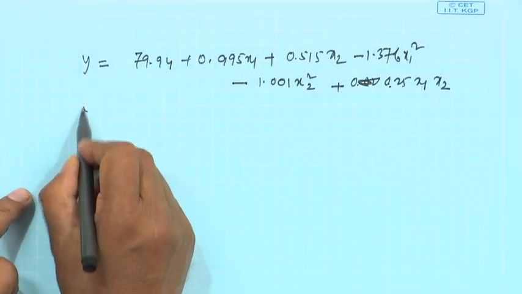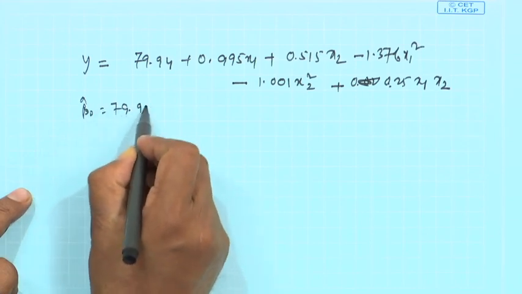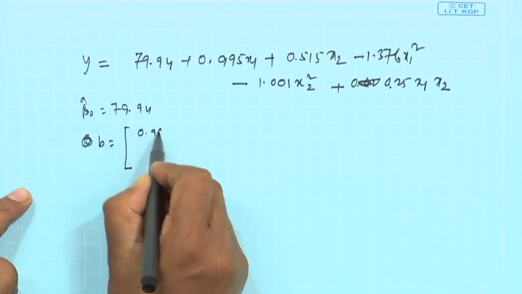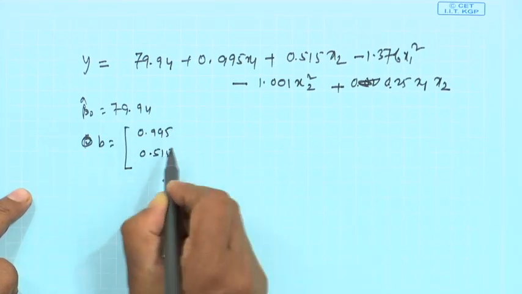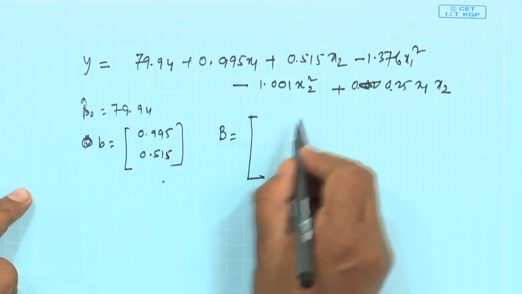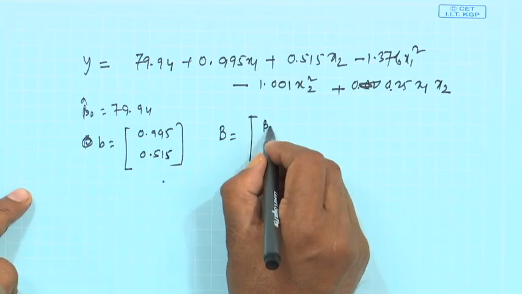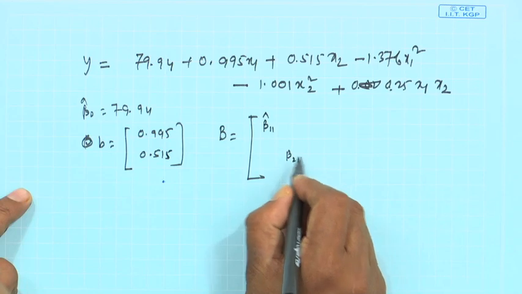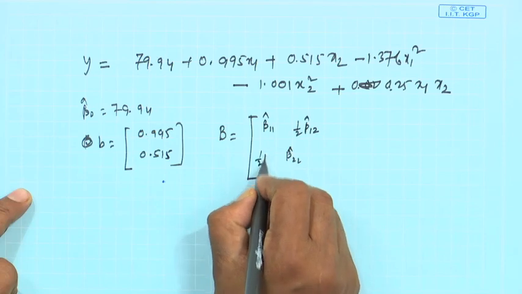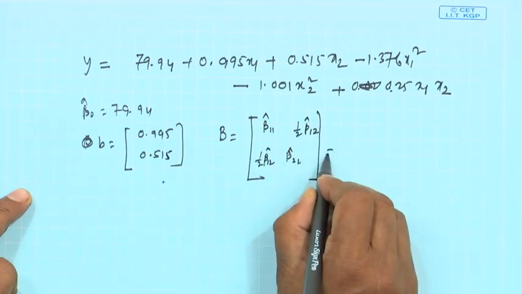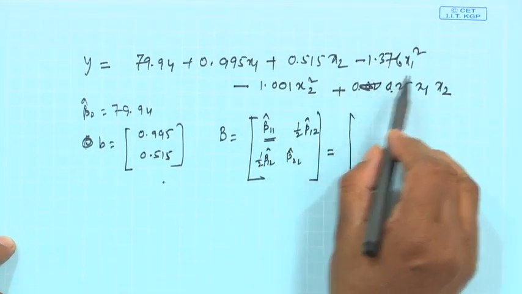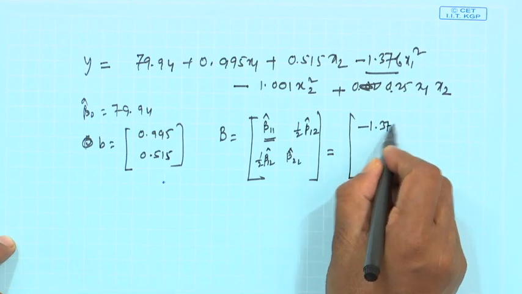Okay. So, what is this? Beta 0 is 79.94, then b is 0.995 and 0.515, and capital B is what? Beta 11 cap, beta 22 cap, half of beta 12 cap, and half of beta 12 cap. What is beta 11 here? Beta 11 is minus 1.376.